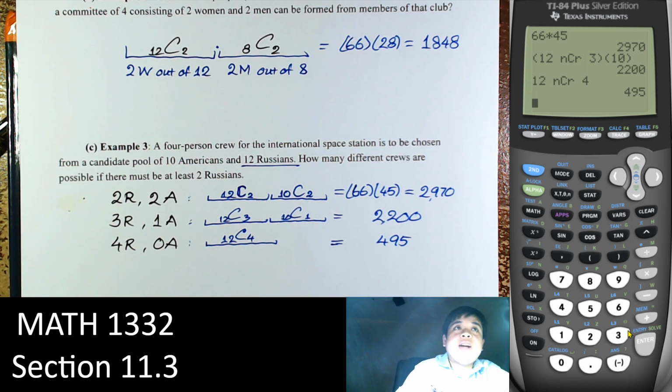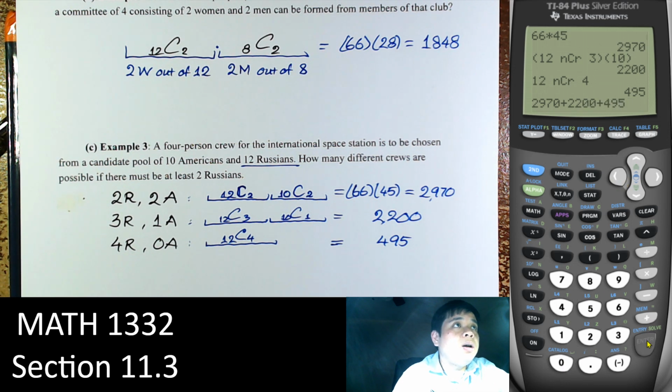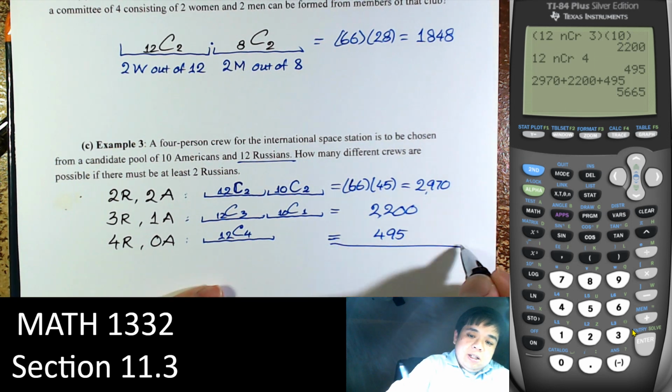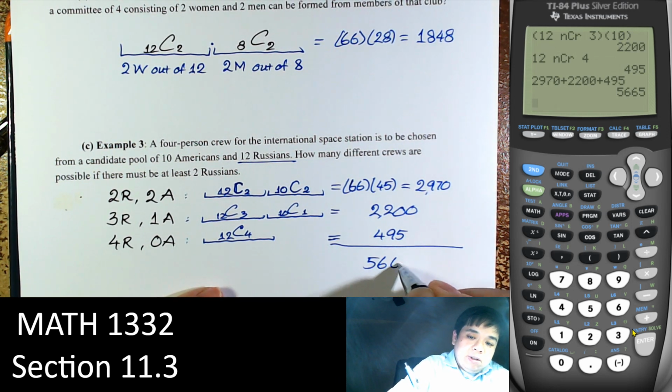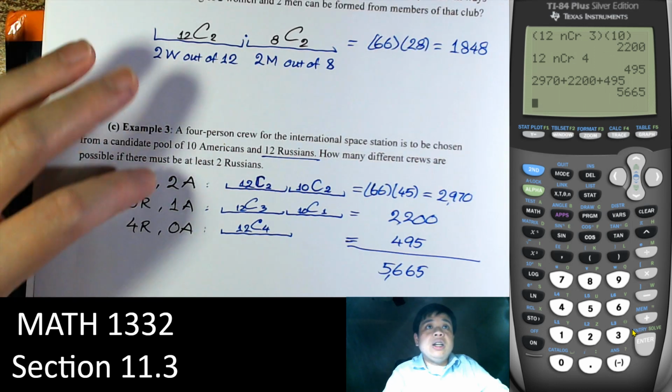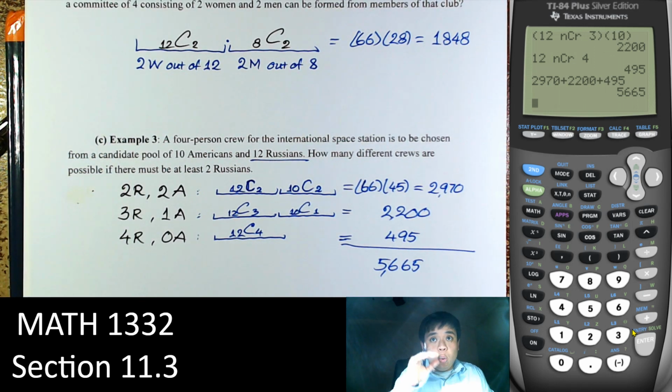Then you can just add all of this up. And that's 5665. And notice that these are 3 different scenarios. We can go with either one of them.